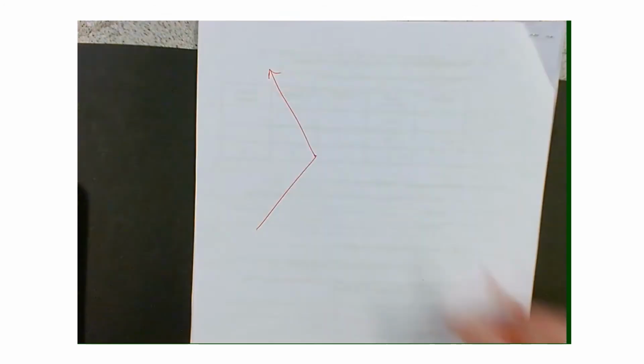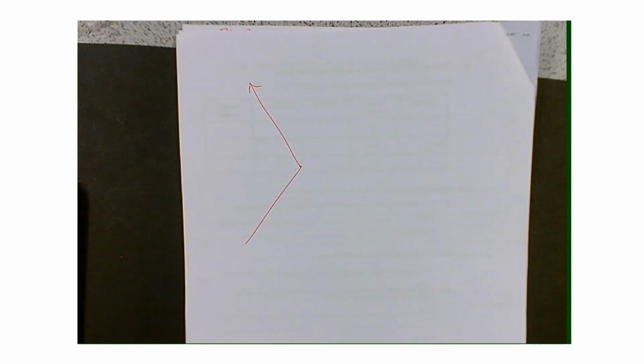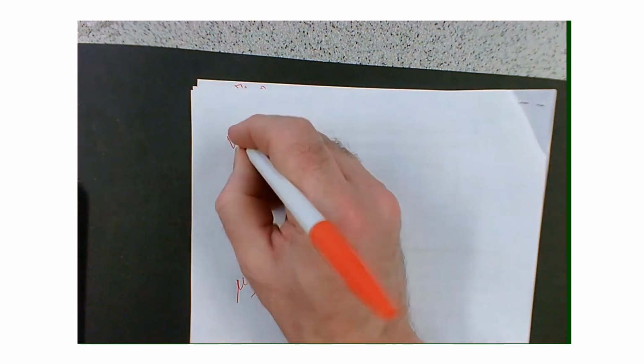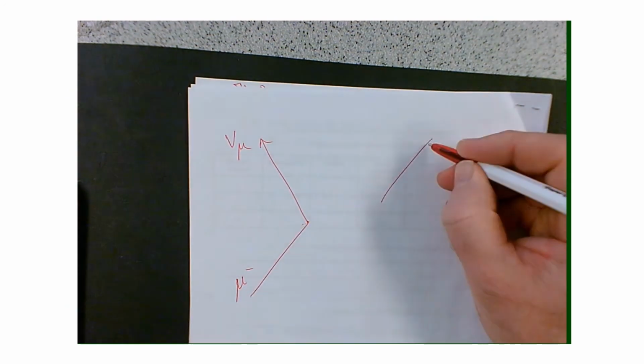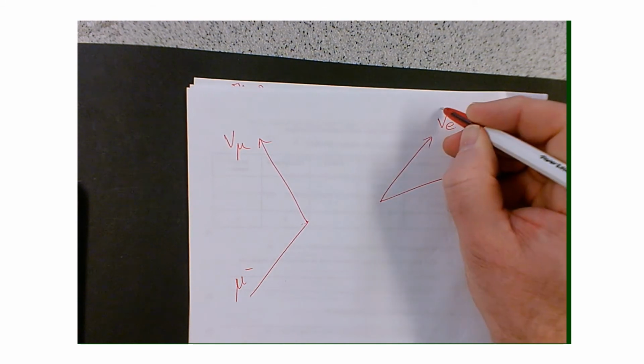Okay, if we look back, when you do the Feynman diagram, you have this interaction. The muon goes to an electron and an anti-electron neutrino.